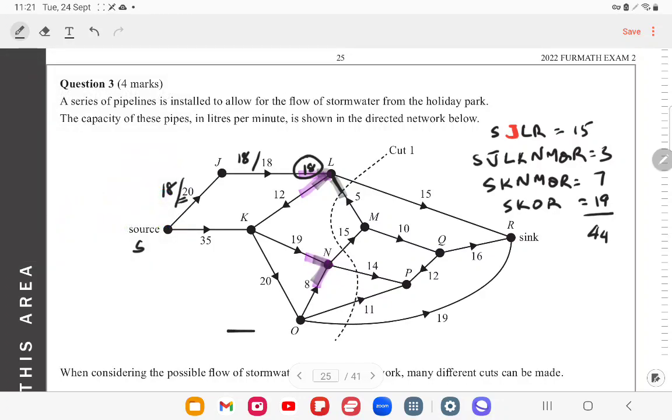So now let's look at the water that can flow from S to K. Now the pipe K to L is backwards, so obviously water can't flow from S to K to L, and therefore it will take the path from K to O and O to R first.